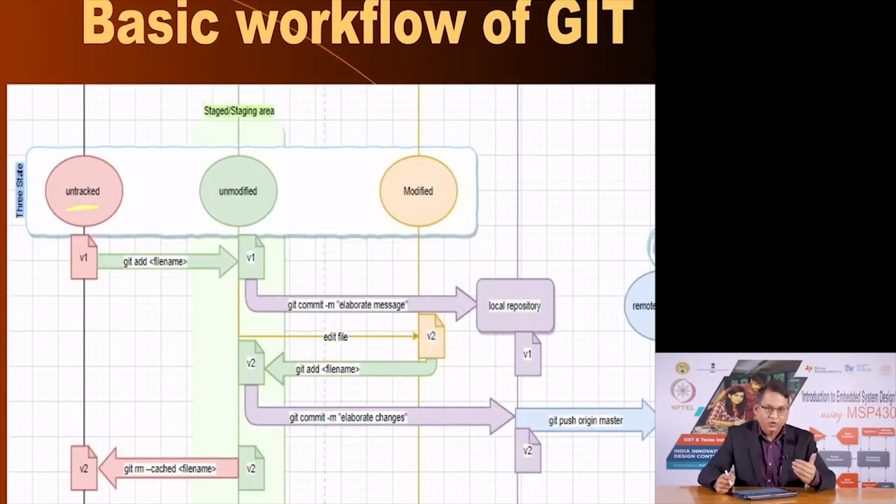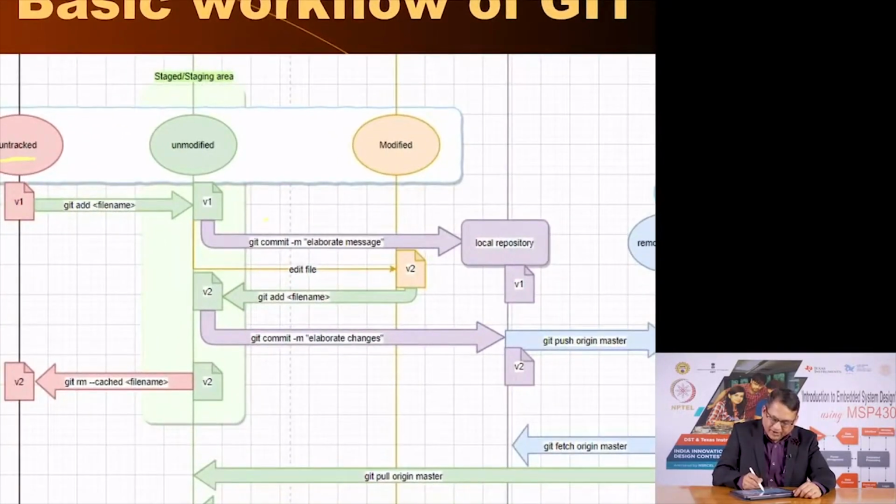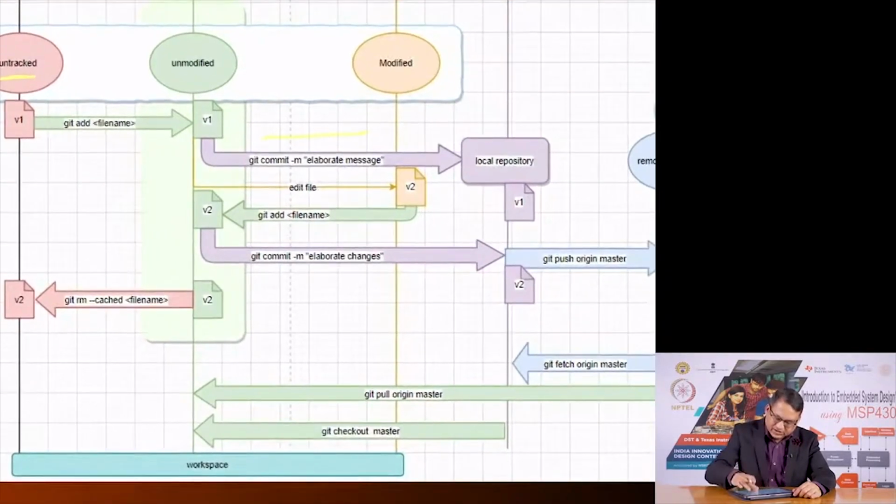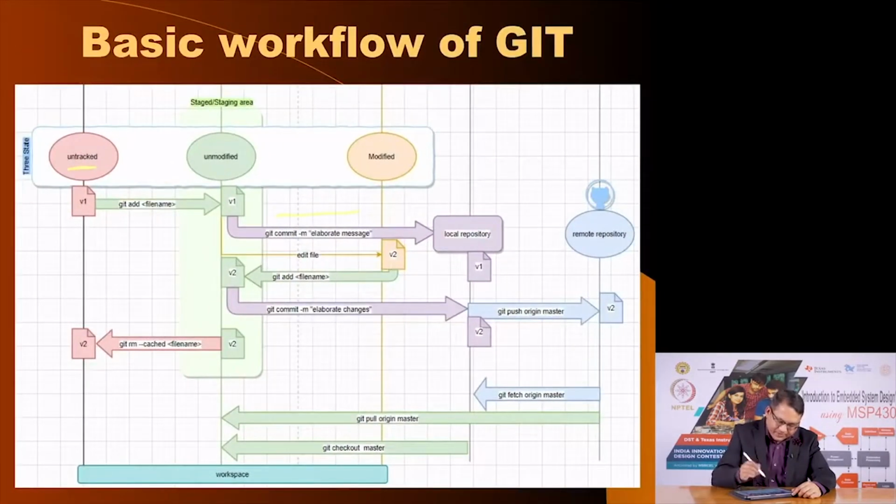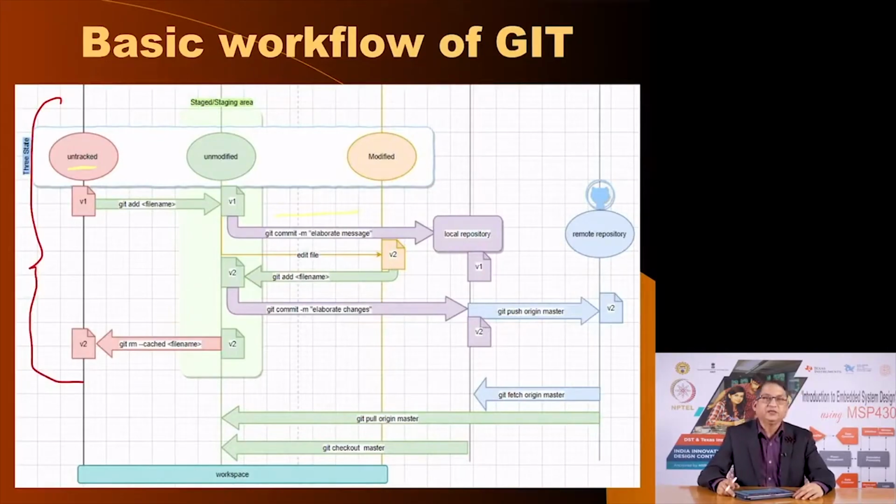You obviously create it in that folder that I mentioned, and then you can add that file into this next stage, which is called the staging area, and from there you commit it. All these initial three parts are what you do as an experienced user who is creating a repository.